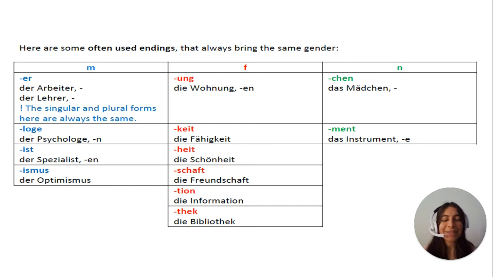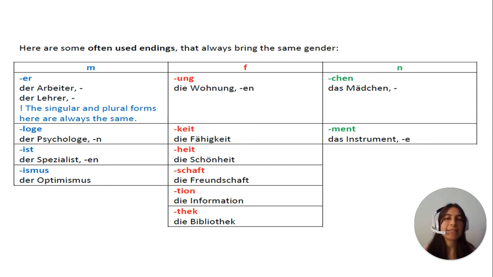Okay, for masculine, this is er, most commonly used for professions. For example, der Arbeiter, or my profession, der Lehrer. You see, the singular and the plural form here are the same, always the same.